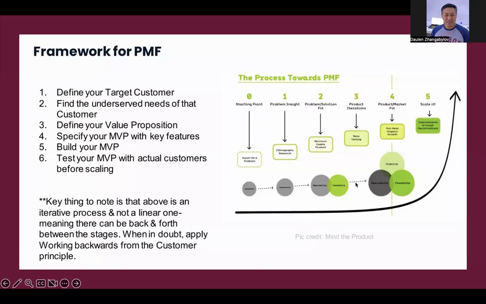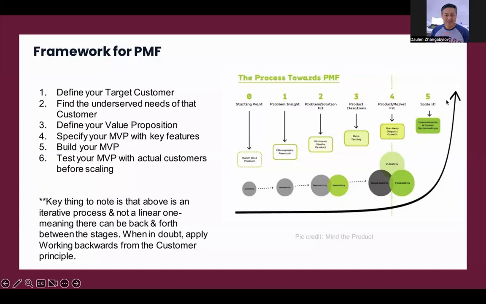You develop your product, iterating. Eventually, you feel that you have product market fit. You see it's feasible, it's working, you have good engagement. Here's the point when you start scaling.